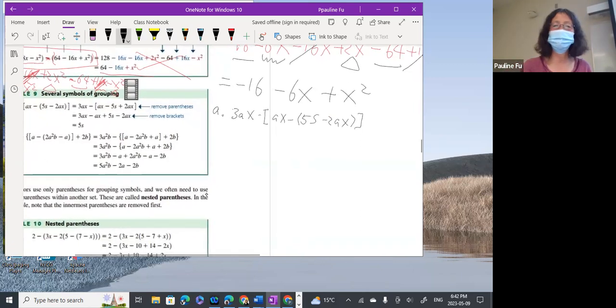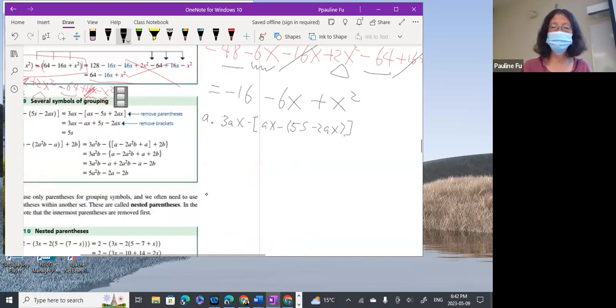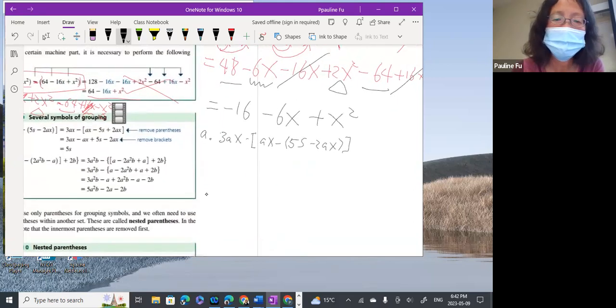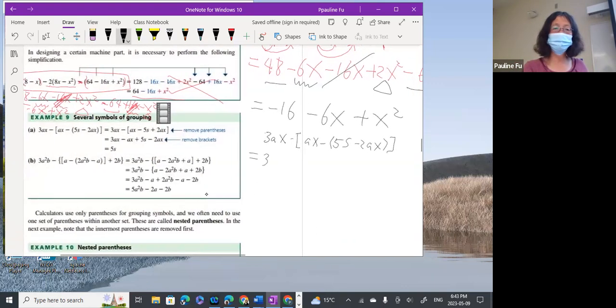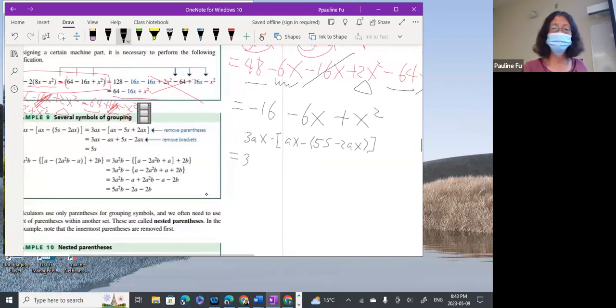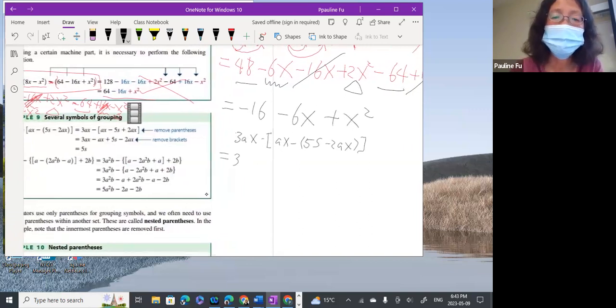So let's do this one. This time I try to go slow and write clearly. This is the question number, so I use it. I'll double check if I copied correctly. So copy down 3ax first.